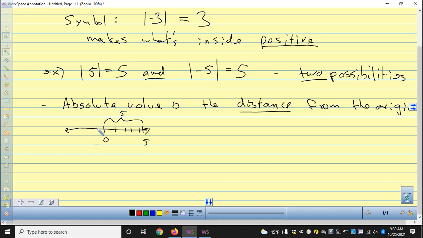And if I go the other way, 1, 2, 3, 4, 5, there's -5. -5 is also 5 spaces from 0. So our absolute value tells us how far this thing is from 0, from the origin.